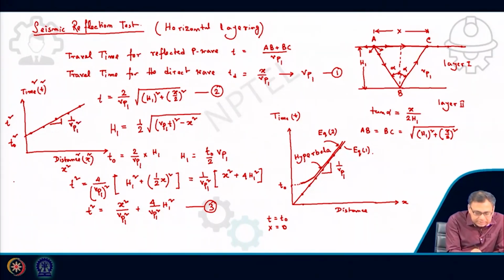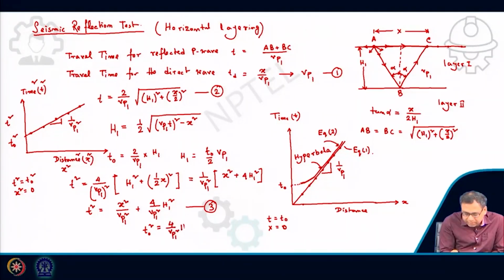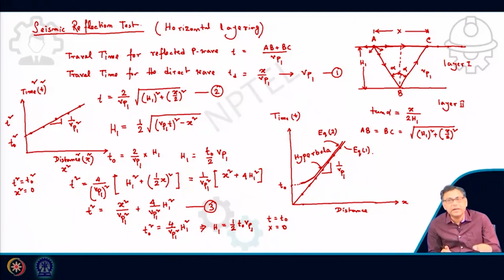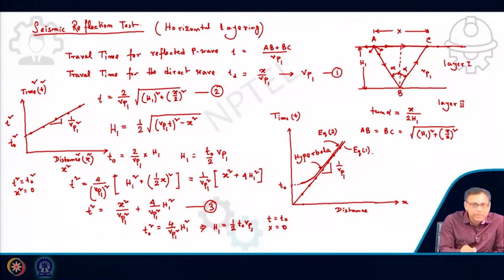And now if I extend this, T square will be equal to T0 square when x square is equal to 0. Now you put that here: T0 square equals 4 Vp1 square and h1 square, or I will get simply h1 equal to half T0 Vp1, the same. So by using the same single plot, I will get the Vp1 as well as the h1.